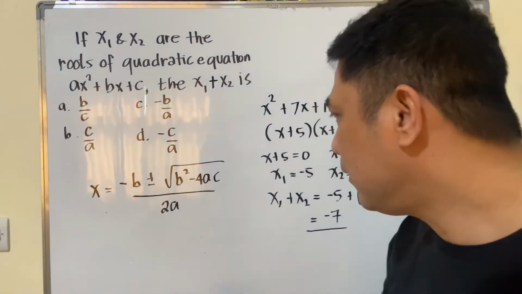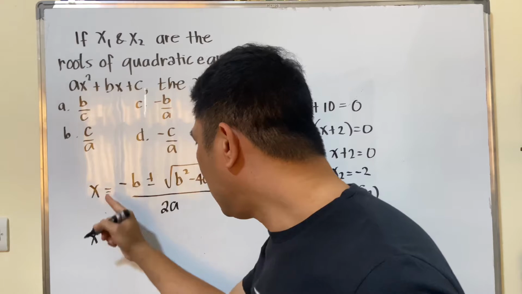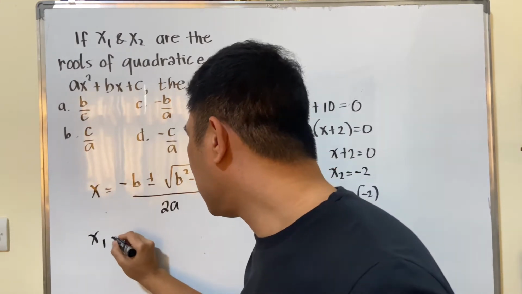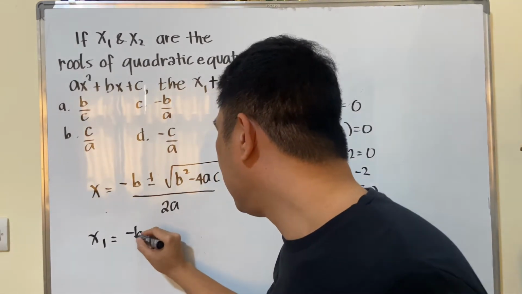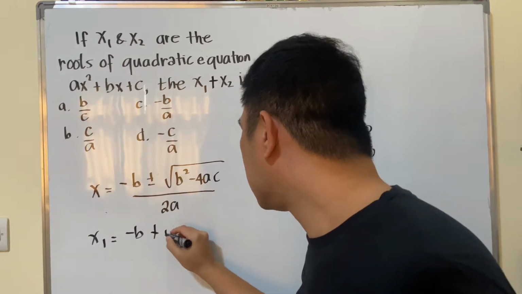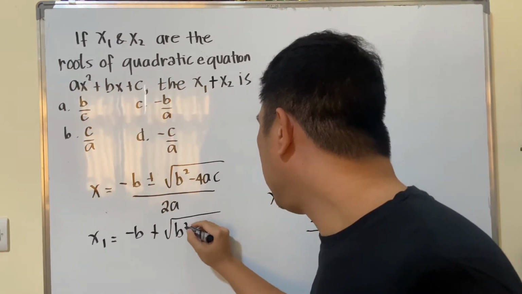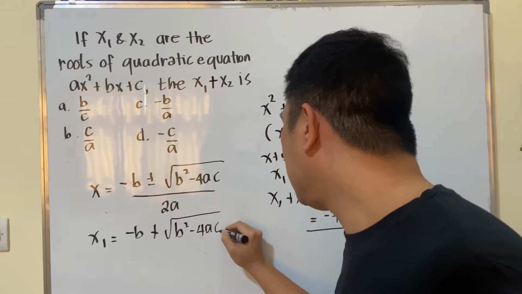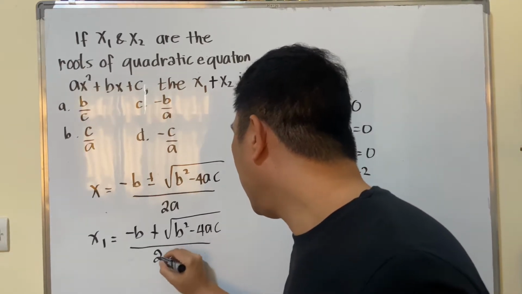We have two roots. The first root, x sub 1, is negative b plus the square root of b squared minus 4ac over 2a.